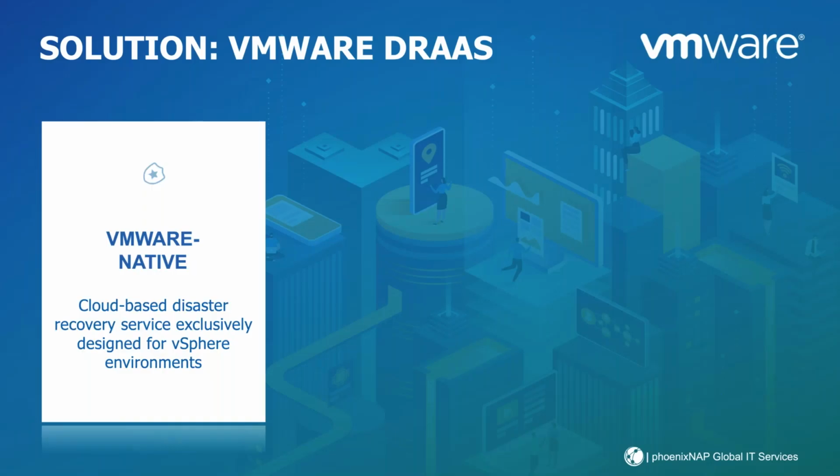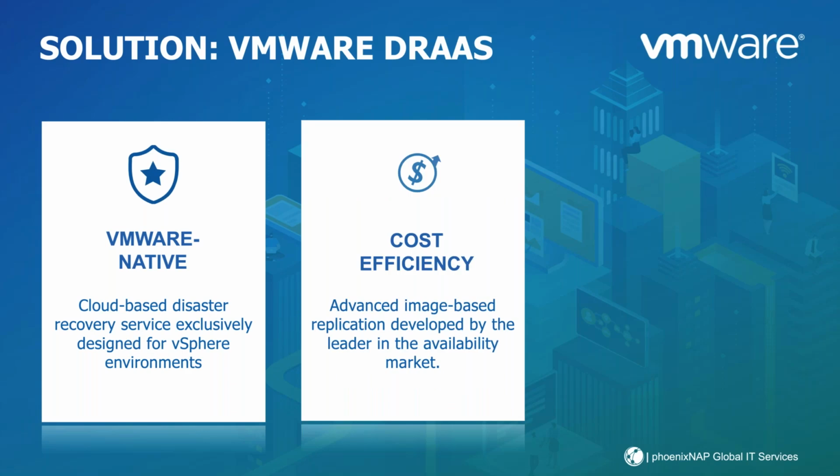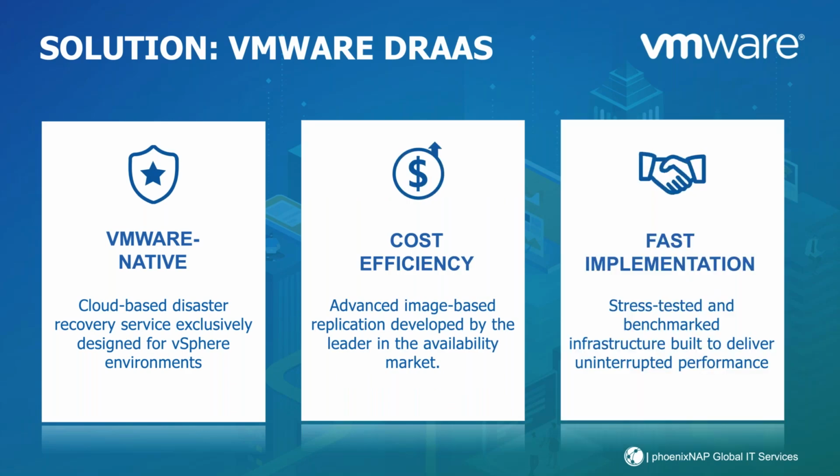So we worked with VMware and other partners to build a solution that provides a native VMware replication technology to a cloud-based service where you can live replicate your virtual machines to a cloud provider, and you can do all this with no added VMware licensing.